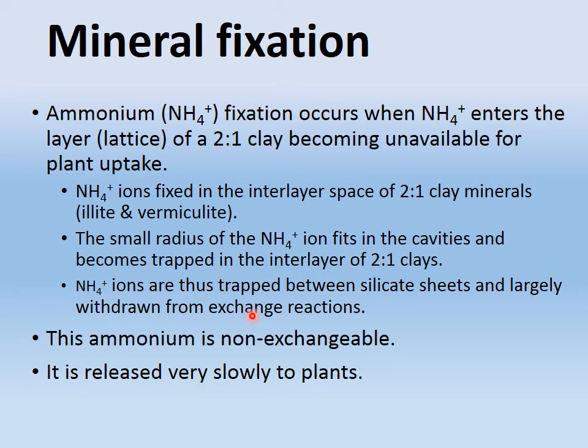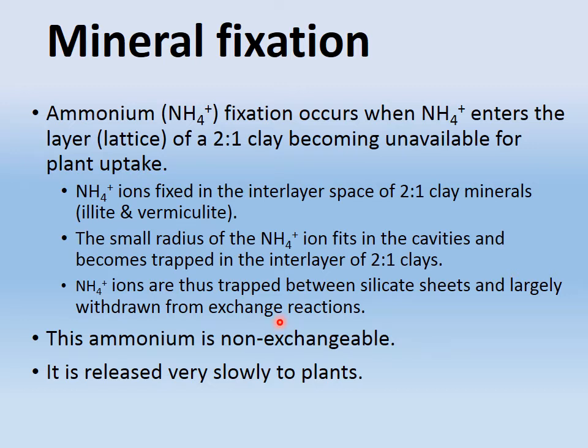So this fixed mineral N, or fixed ammonium, is in a non-exchangeable form. It cannot be exchanged by other cations, and it is released very, very slowly for plants to take up, and it's considered mostly unavailable because it is fixed within your clay particles.